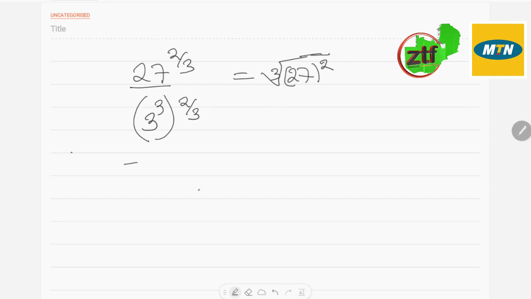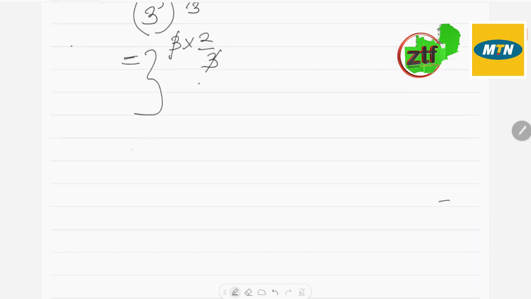And already we have revised on this rule to say 3 to the power 3, and 2 over 3. This means 3 to the power 3 times 2 over 3. And you can see that you have to be very careful here. This 3 is a base, so it needs to be bigger like that, so that this 3 and that 3 eliminate.